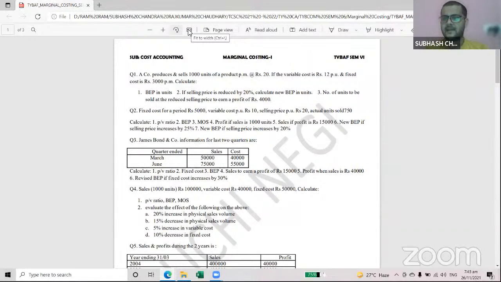And actual units sold is also given. That means if I compare it with question number 1, it's almost similar. Units are given, rate is given, variable cost is given, fixed cost is given, and 3-4 questions are asked.